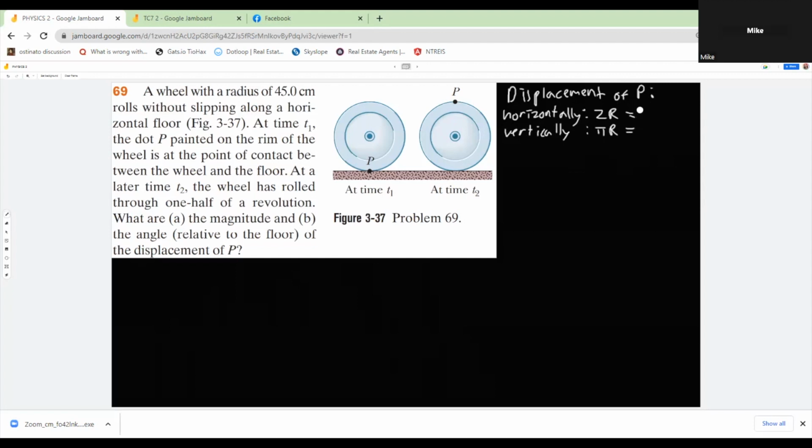Teka, horizontal ay along the floor, di ba? Ah, tapos nag-roll na siya. Umakyat.